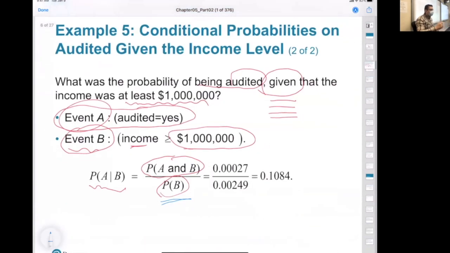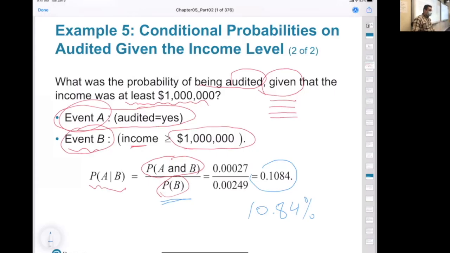This probability is 0.1084, or you can say 10.84%. So this is the probability of the taxpayer being audited, given that the income is at least 1 million.